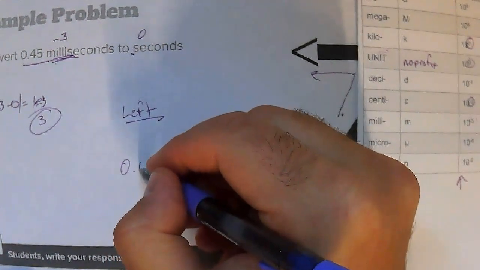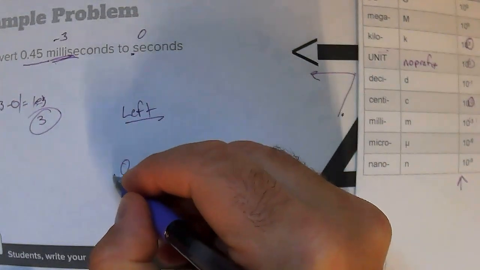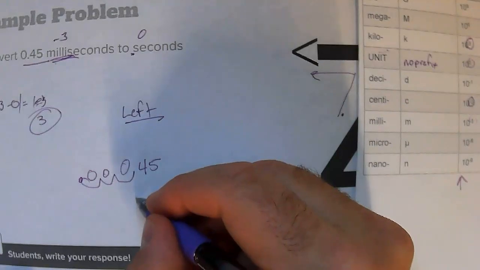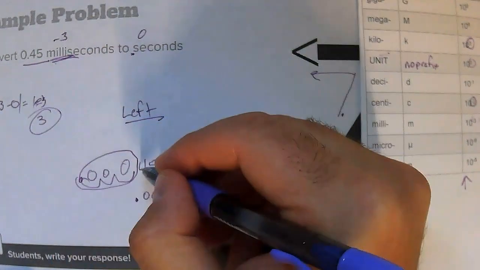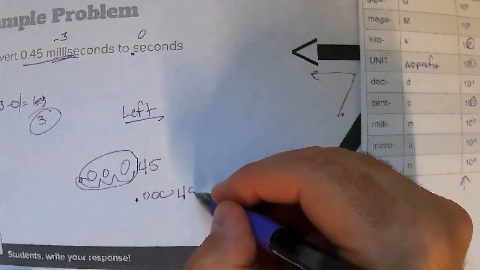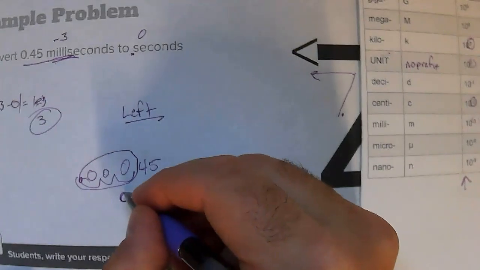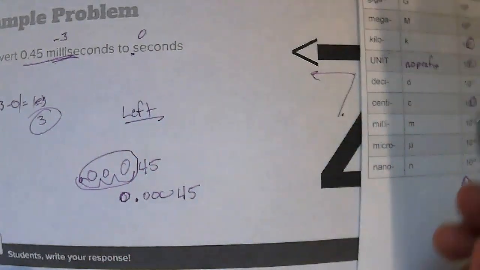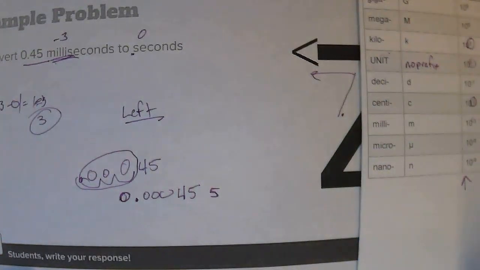So if I rewrite this number, 4, 5, we're going to move it 1, 2, 3. Okay, so we're going to go 0, 0, 0. Notice there's 3 zeros before I get to the 4, 5. We're going to put a leading 0 in there because we always put a 0 in front of the decimal point. Okay, and then that's going to be seconds, which is abbreviated S.